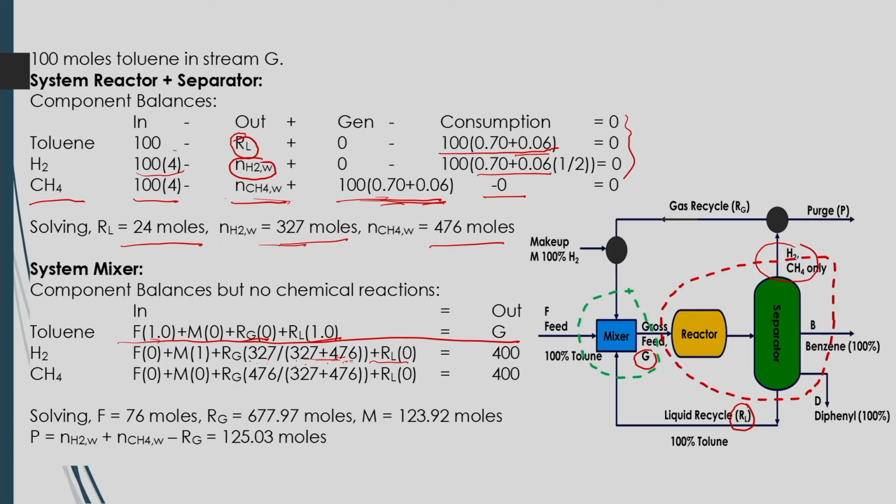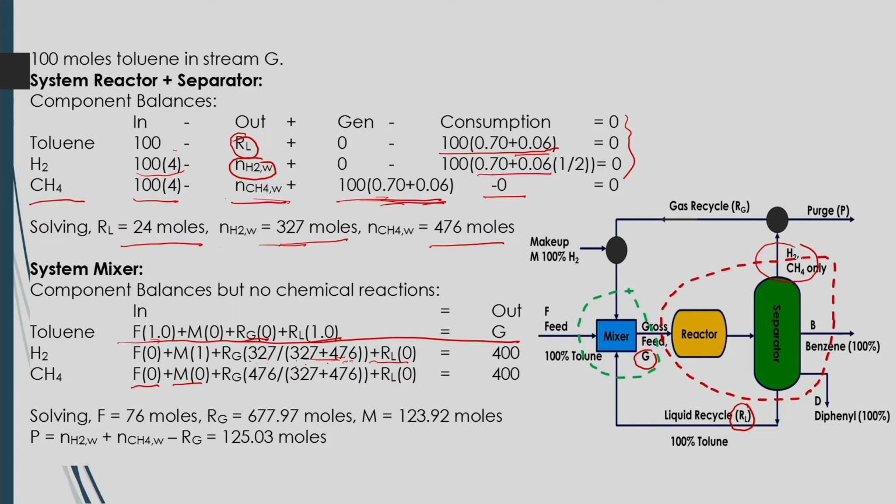Similarly, if we do the methane balance for this mixer, what is the feed amount of methane? Since there is no methane in the feed to the mixer, it will be 0, so you can write here F into 0. And similarly, in the makeup stream there will be no methane, so we can write here M into 0. But in Rg, the gas recycle stream, there will be some fraction of methane in the gaseous stream coming out from the separator.